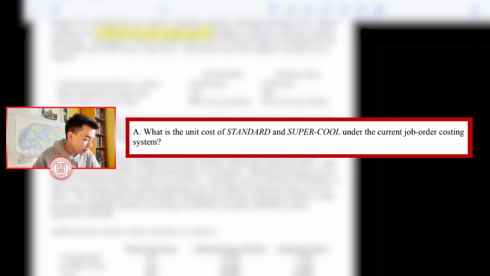And the first question, number A, is what is the unit cost of standard and super cool under the current job order costing system? Remember, the current job order costing system they're using is traditional, right? That means our overhead is only allocated by one thing, and in this case it is based off of labor hours.